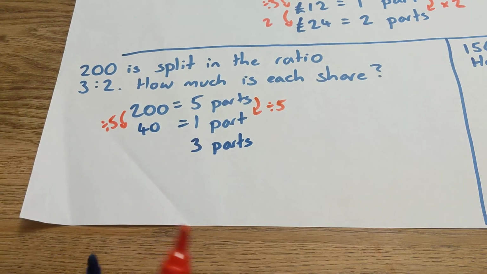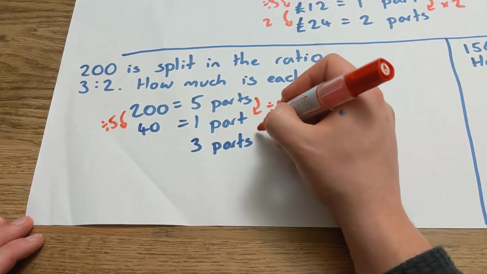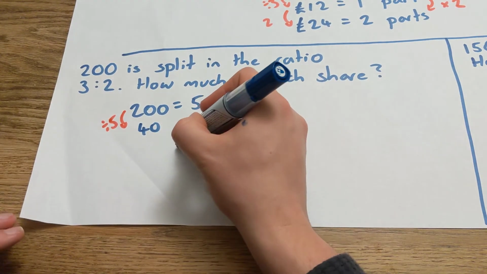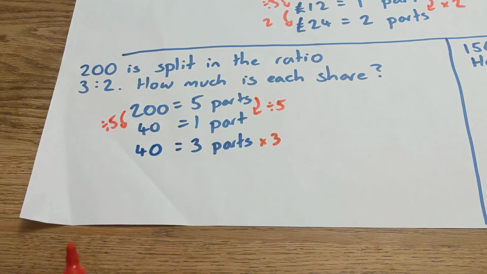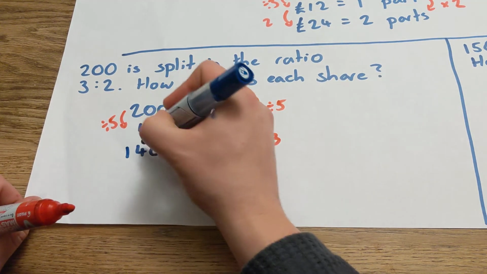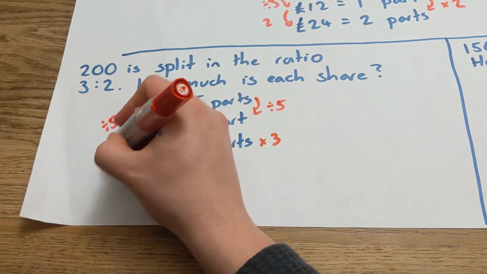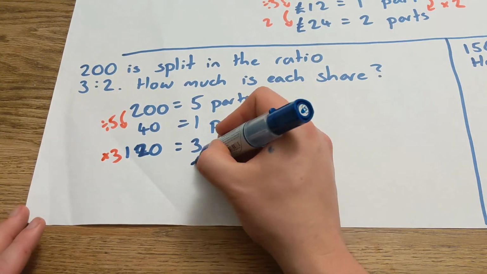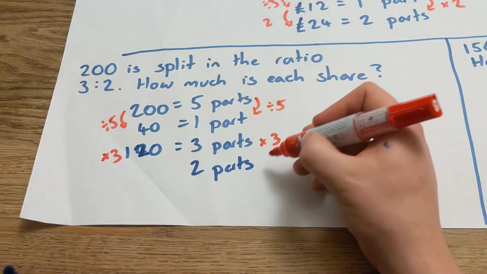To work out 3 parts, I need to times the 1 part by 3. So that means my 3 parts equals, sorry, does not equal 40, equals 120. Then I want to work out my 2 parts. So what do I have to do to 1 part to get 2 parts? Well, I have to times it by 2.